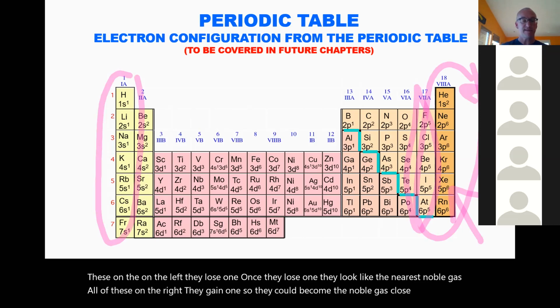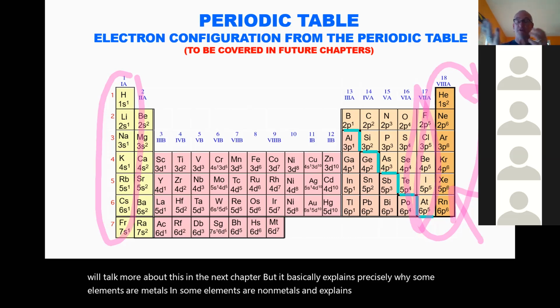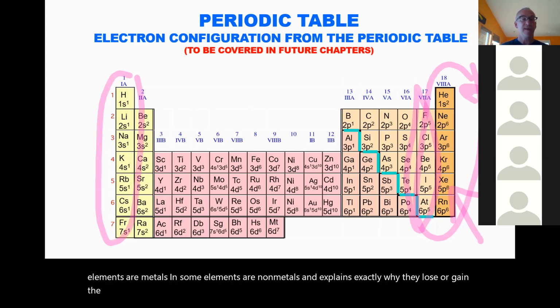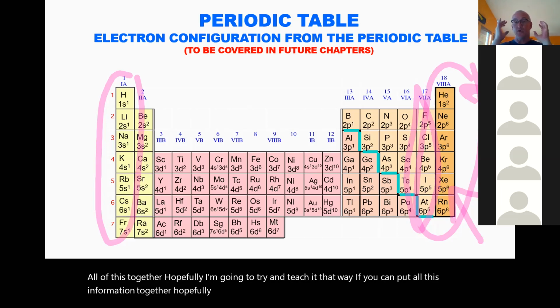And we'll talk more about this in the next chapter, but it basically explains precisely why some elements are metals and some elements are non-metals, and explains exactly why they lose or gain the number of electrons that they do. So if you can put all this information together, hopefully it sticks a little more, because I can't retain information unless I got hooks in it, that sort of makes sense.